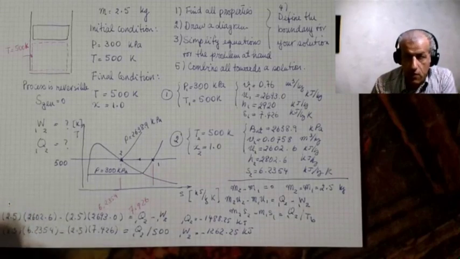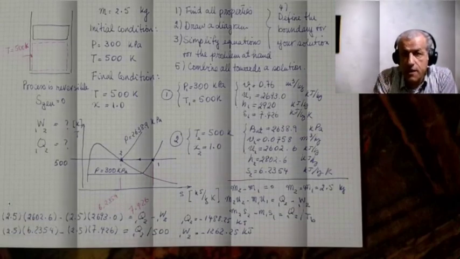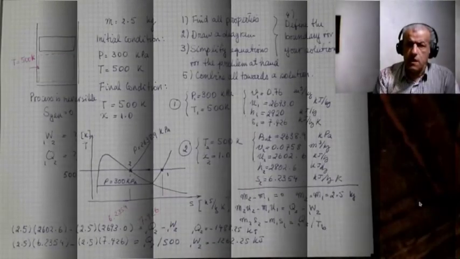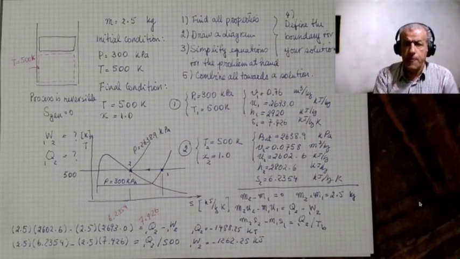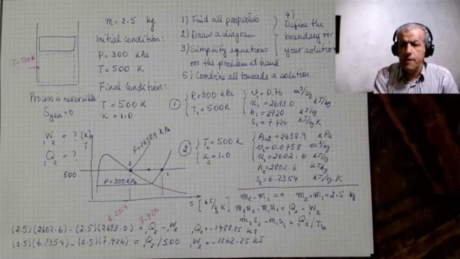Okay, now we have to discuss this answer and see what it tells us. Look, this is the work done. It is telling us that 1262 kilojoules of work is done reversibly.